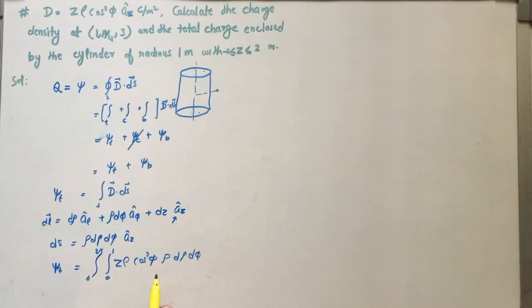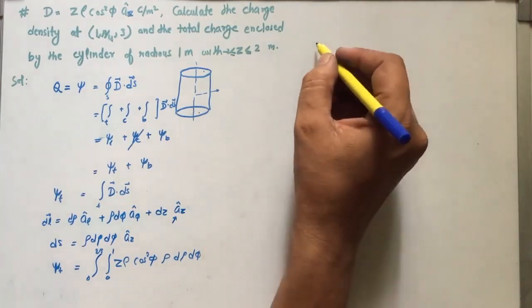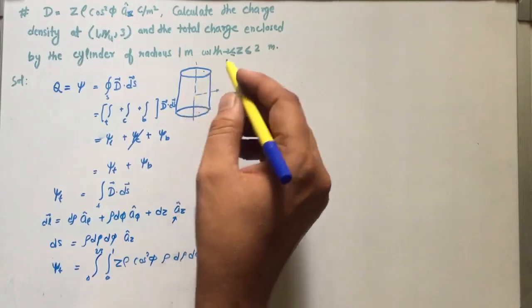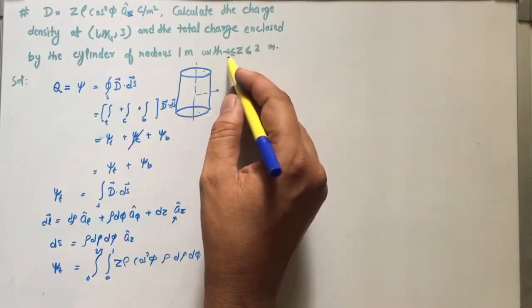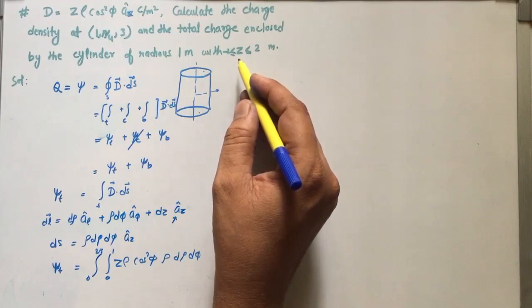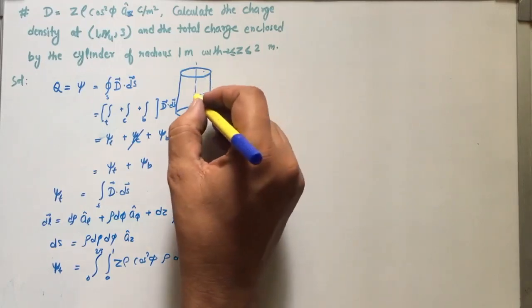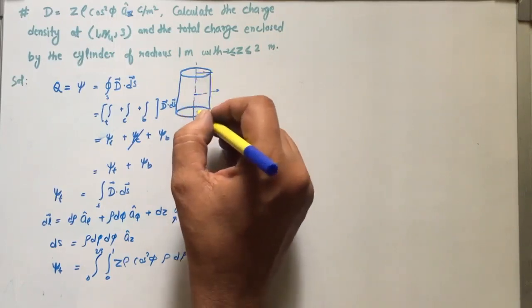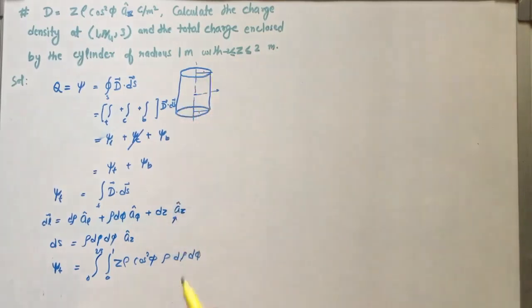The next thing is to integrate this. Z is constant: for the top surface z is equal to 2, and for the bottom surface it is minus 2. So z is 2. Now solve this.